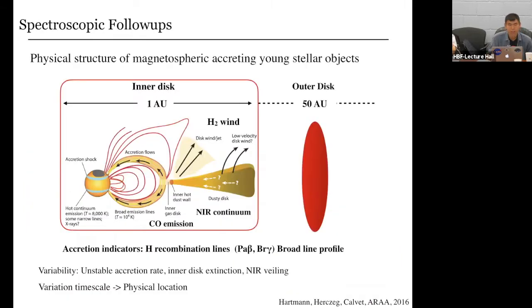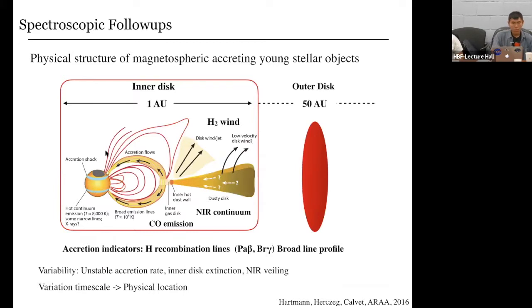So this is the physical structure of the inner disk of accreting young stars. There's a star, and the innermost disk is about 0.05 AU away from the star. The material is truncated from this point and then accreted onto the star following the magnetic field lines.